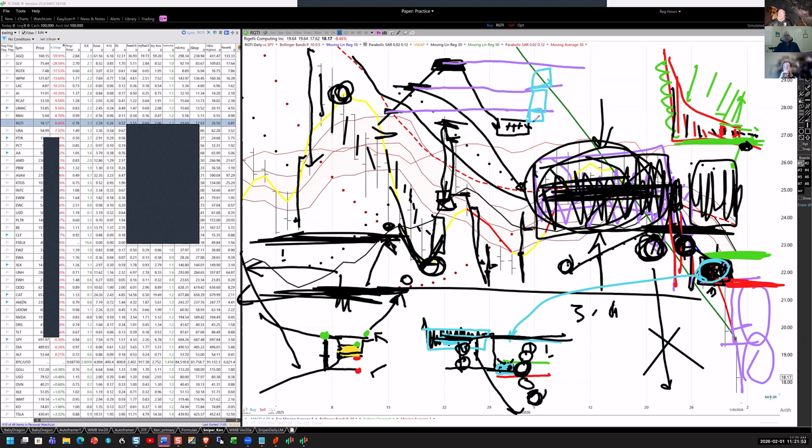And if I know that my risk is something like that, I can just say, if it gets to here and starts, do I want to keep that? Or if it gets up into here and starts failing, what's my R multiple on the stack?